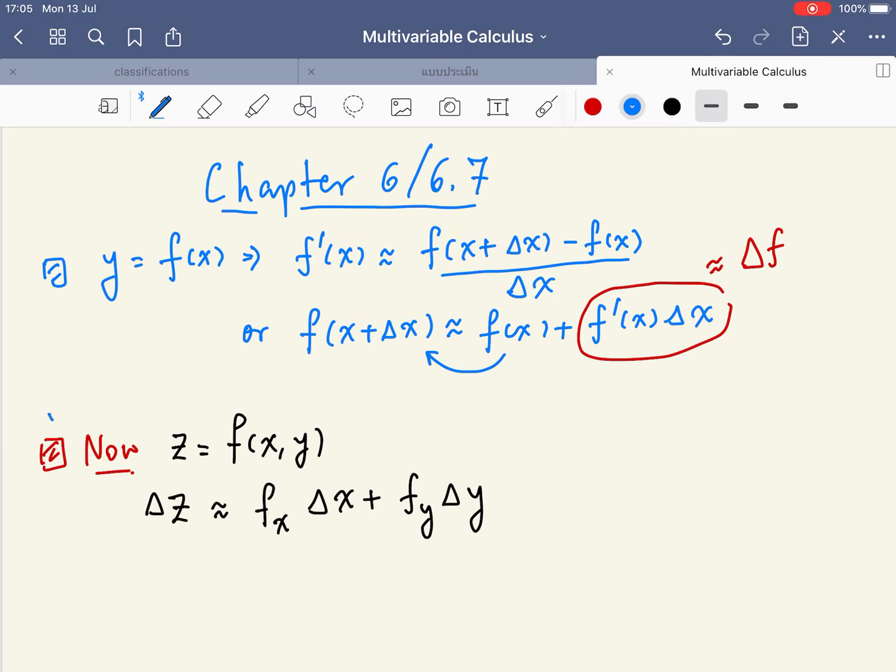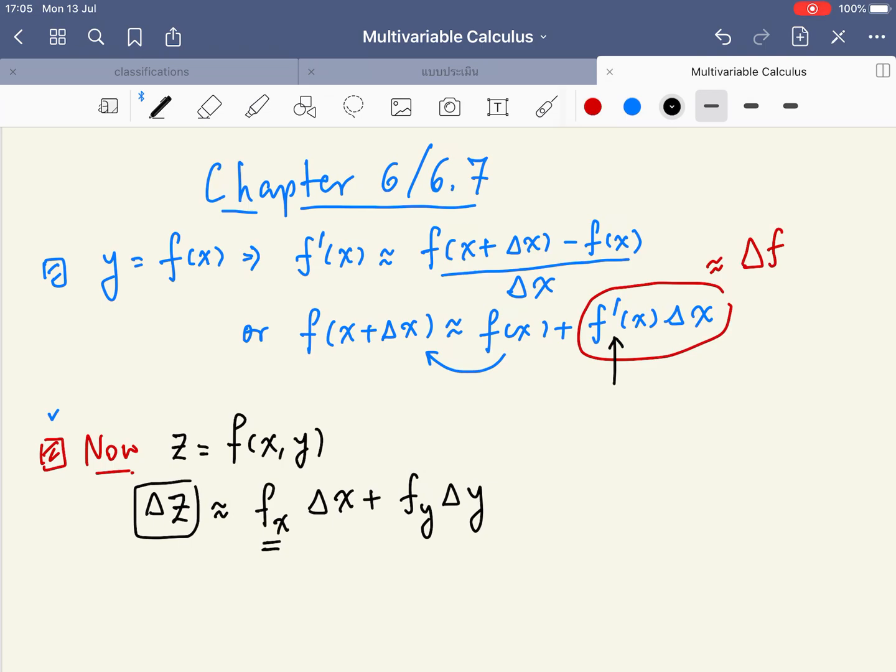So for this section, we are going to elevate ourselves to at least two variable functions. If you have z equals f of x, y, then we are going to say that Δz comes from f sub x, the contribution along the x direction, the same thing as we had previously. It is the derivative of f.